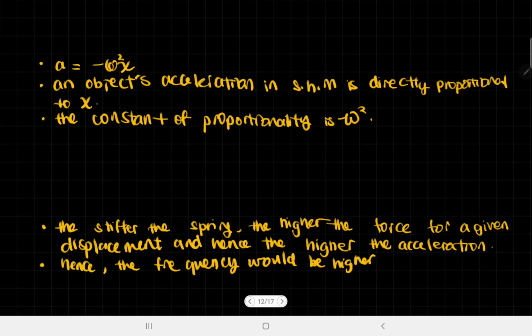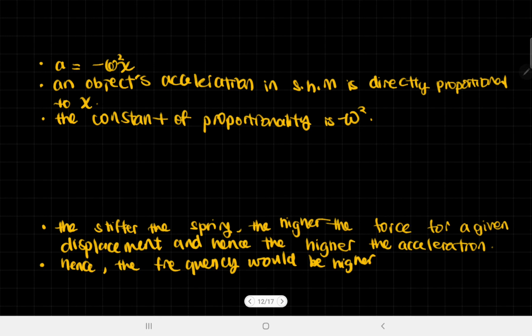Now we're presented with a new equation, and that is a is equal to negative omega squared x. Let's just ignore that for a second. An object's acceleration in simple harmonic motion is directly proportional to the displacement. What does that mean?